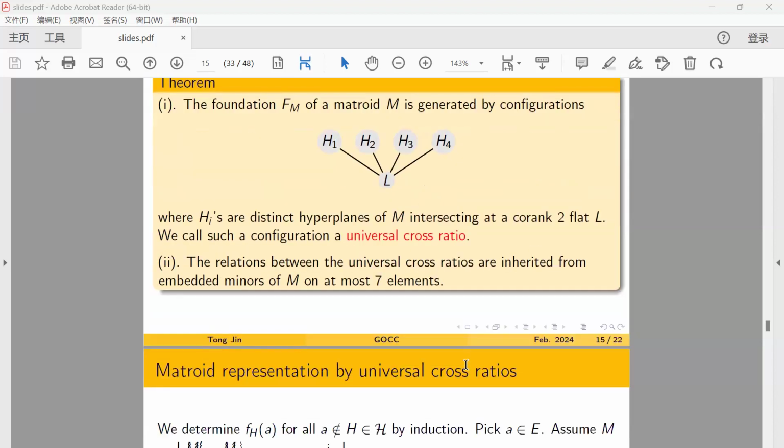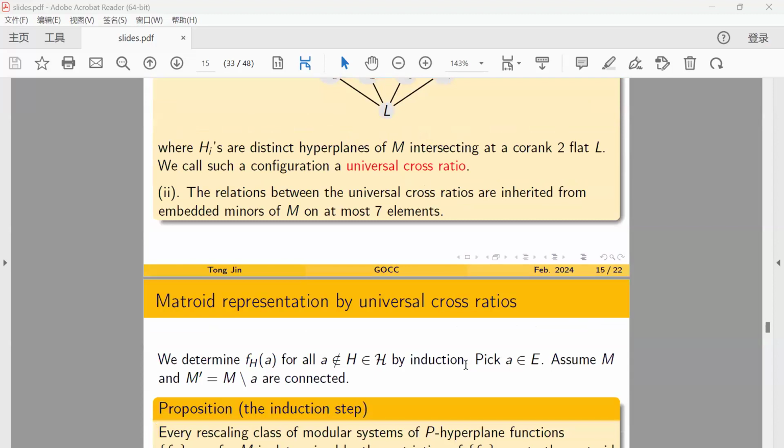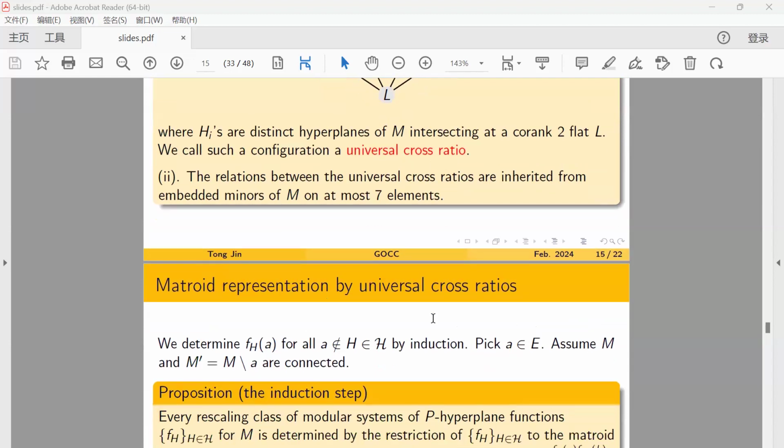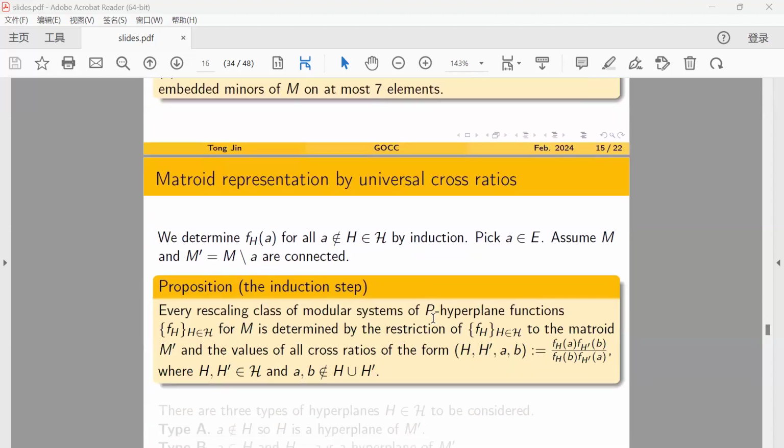So how do we do that? How do we construct a modular system of hyperplane functions out of these universal cross ratios? Well, let's do only a partial proof. It is not complete, and we also assume a few combinatorial facts about matrices.